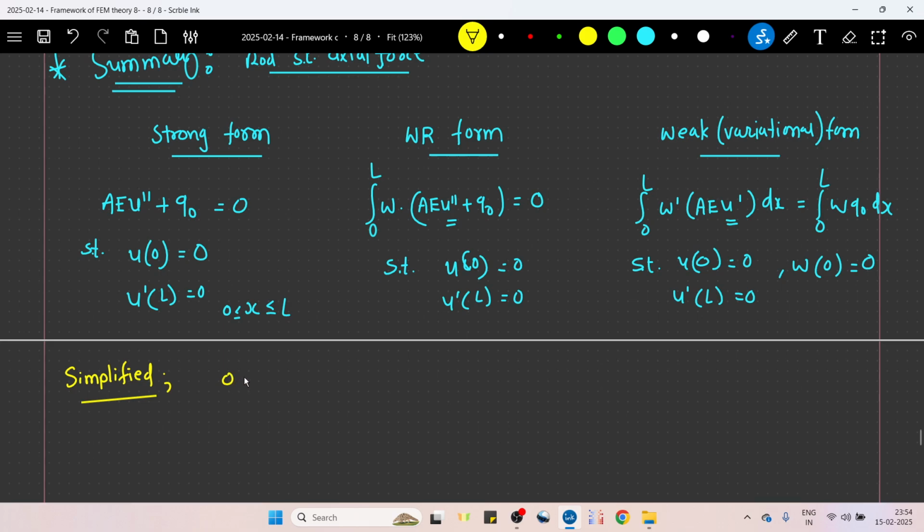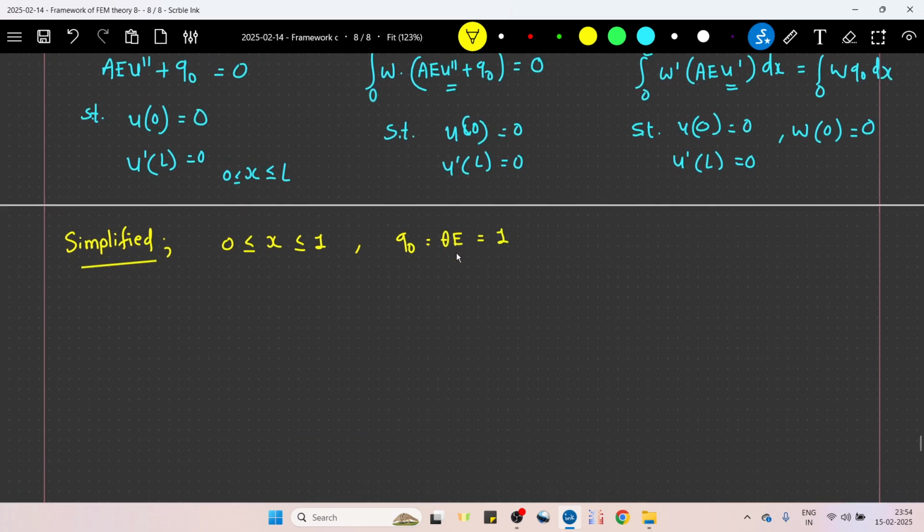Simplified means 0 less than or equal to x less than or equal to 1, unit rod length, and q0 and a equal to 1. So our strong form is u double dash plus 1 equal to 0, with u of 0 equal to 0 and u dash at x equal to 1 equal to 0, for a unit rod length.